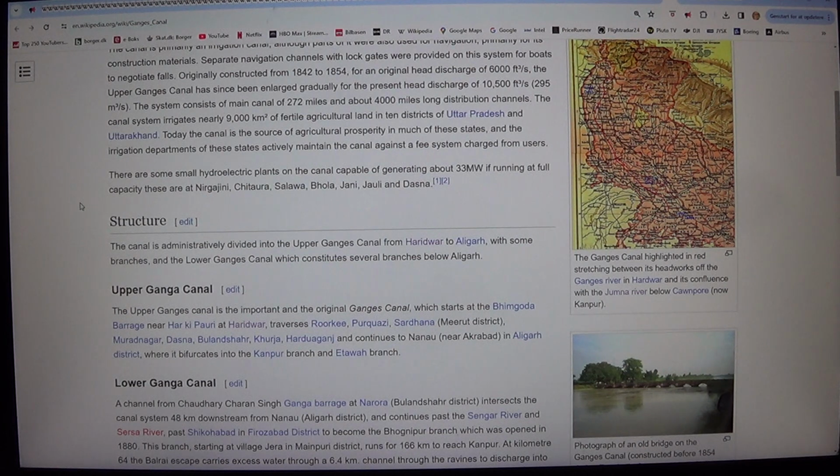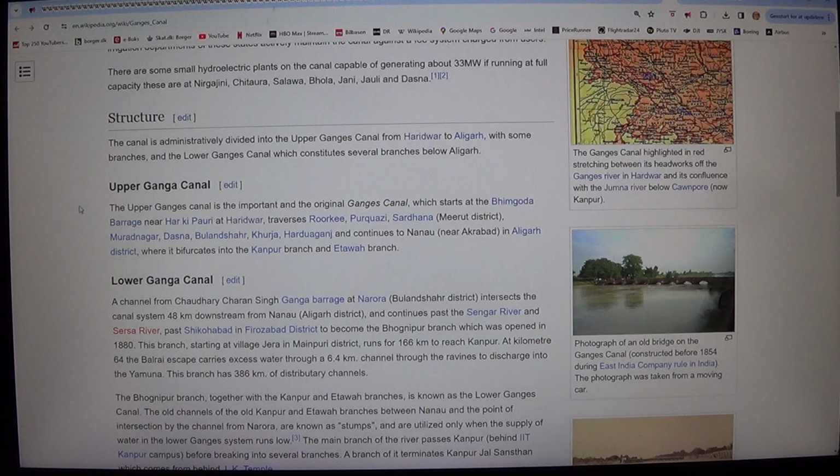Structure, edit. The canal is administratively divided into the Upper Ganges Canal from Haridwar to Aligarh, with some branches, and the Lower Ganges Canal which constitutes several branches below Aligarh. Upper Ganga Canal, edit.